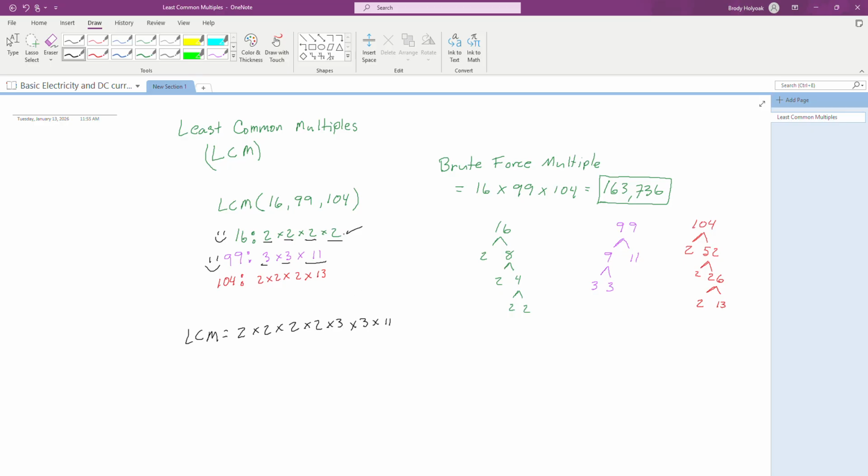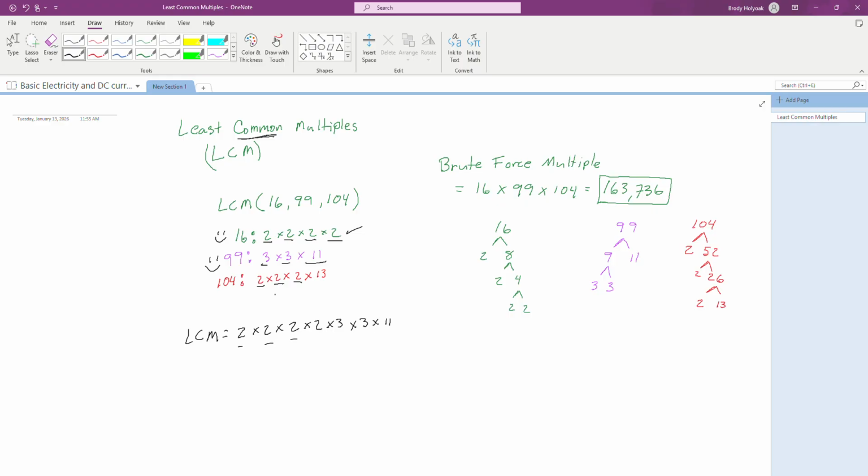Now the last step, 104. It wants a factor of 1, 2, 3 2's. So if we look, we already have 1, 2, 3 2's. And it's okay that they're being used by the 16. They're going to share them. This is where the common part comes in of this least common multiples idea.